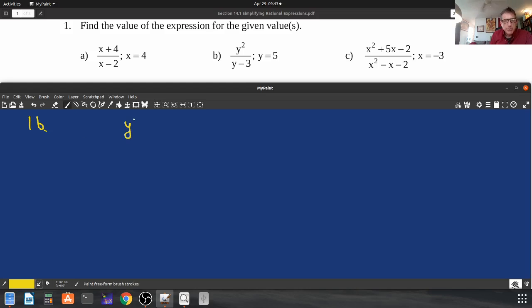So here our next rational expression is given by the polynomial y squared in the numerator and y minus 3 in the denominator. And we want to find its value when y is equal to 5. So again, we just replace the symbol y with 5.